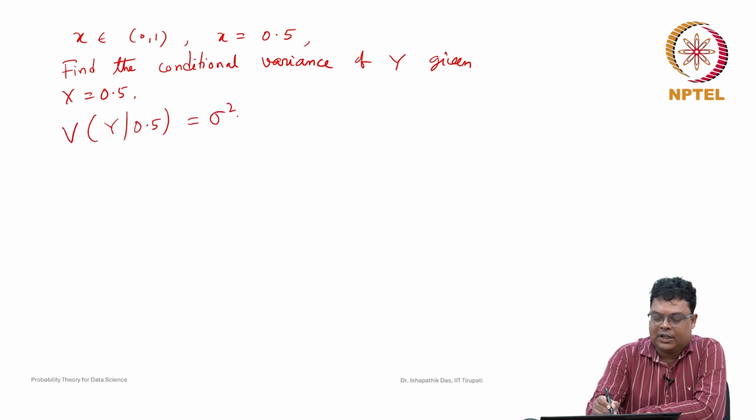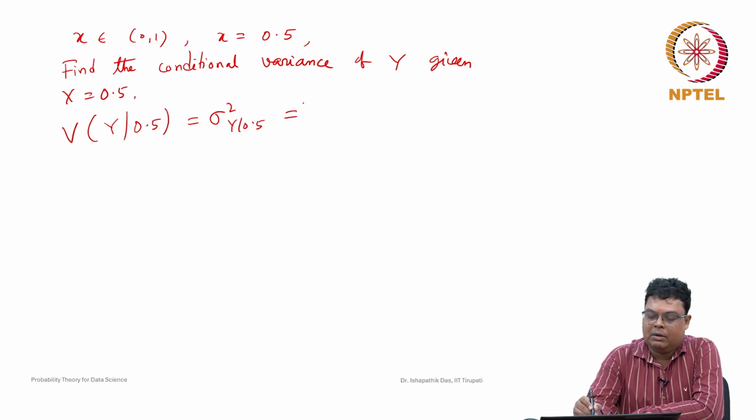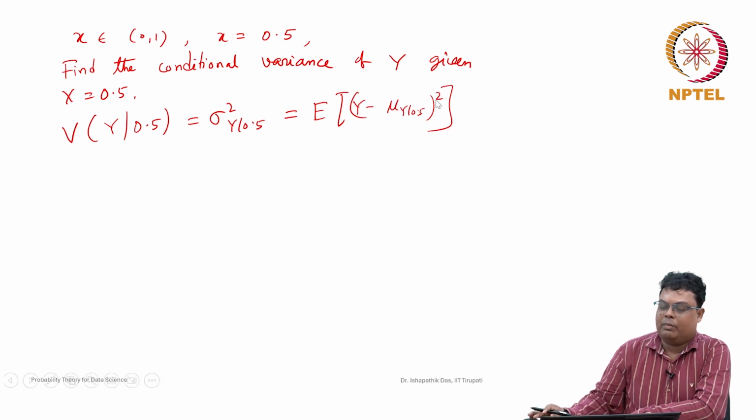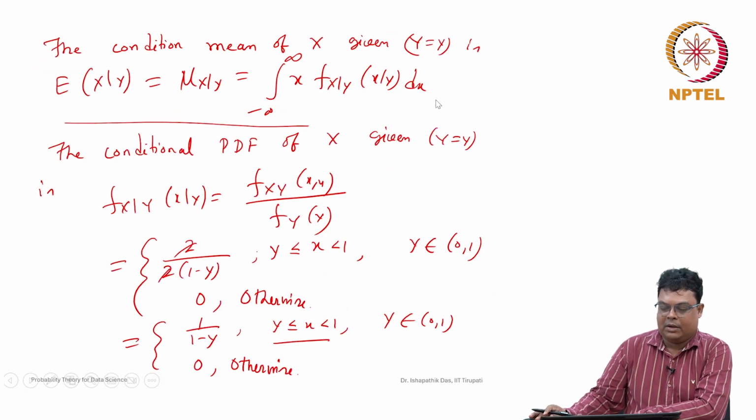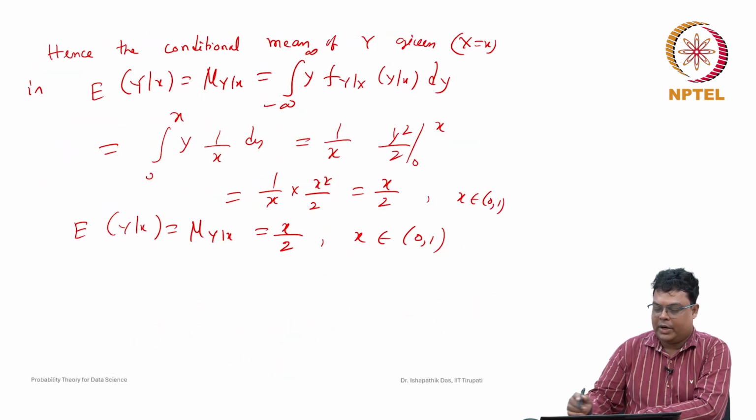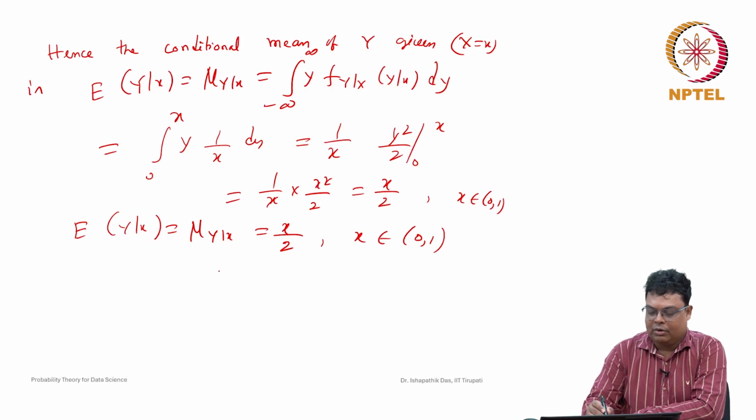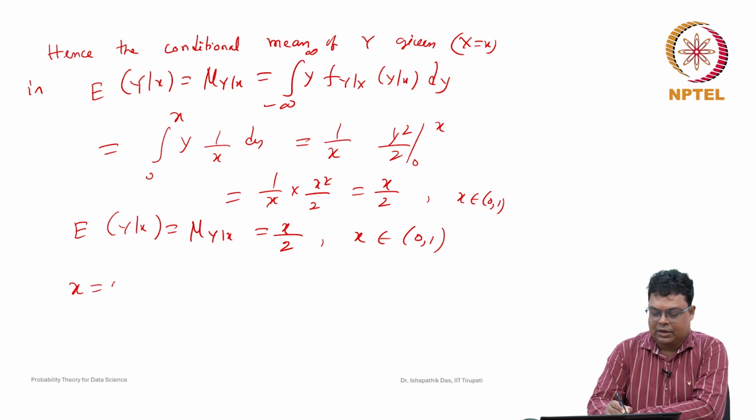This is sigma square y given 0.5, which is by definition the expected value of y minus mu of y given 0.5, whole square. This value mu y given 0.5 we will find from here. We have already computed this. Here x is 0.5, which is nothing but 1 by 2.